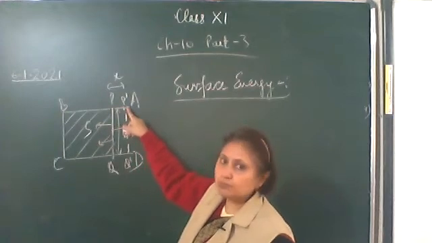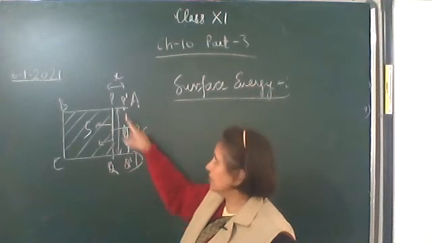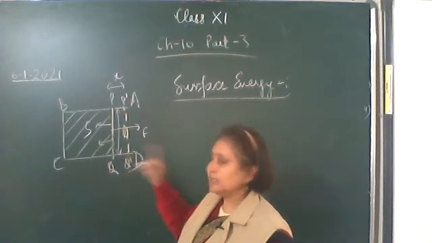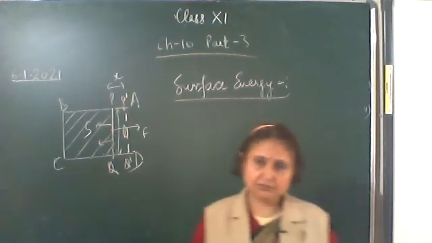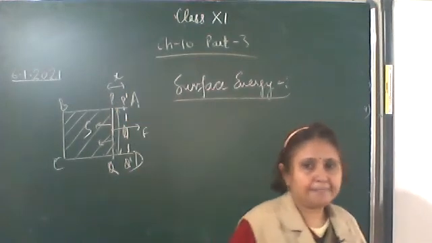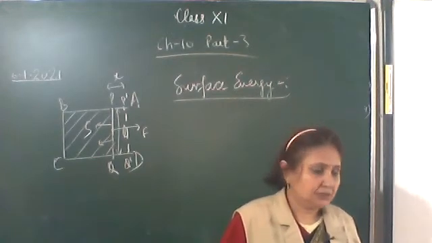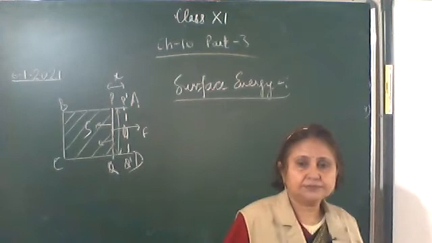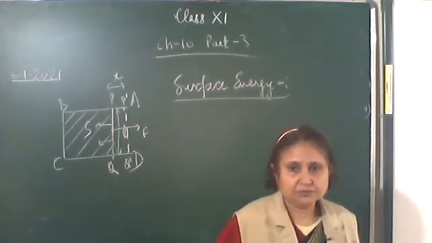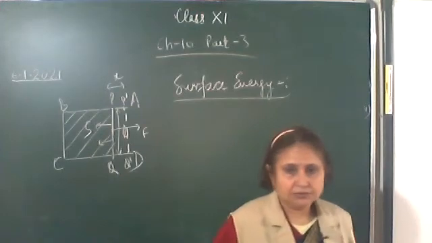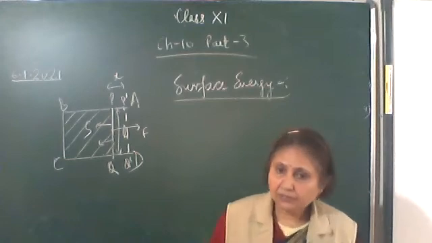Now the wire is pulled outwards to a distance X, and the sliding wire comes to the position P dash Q dash. Draw the figure and write down.